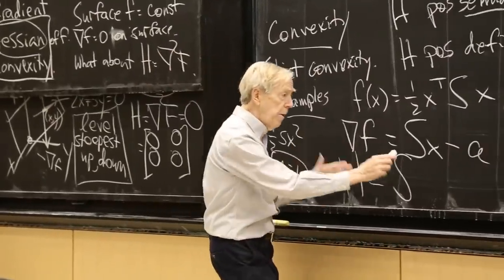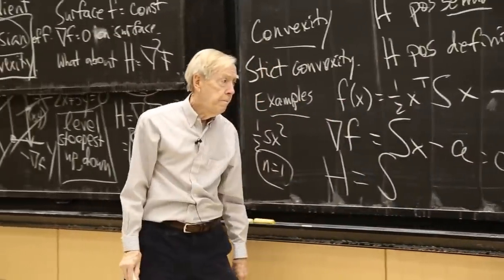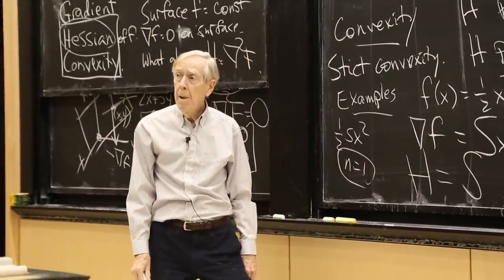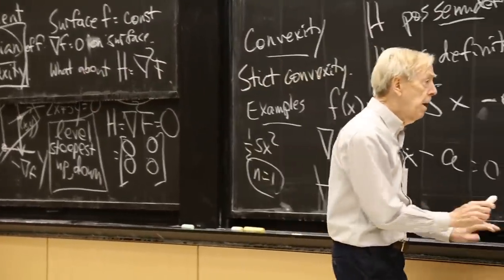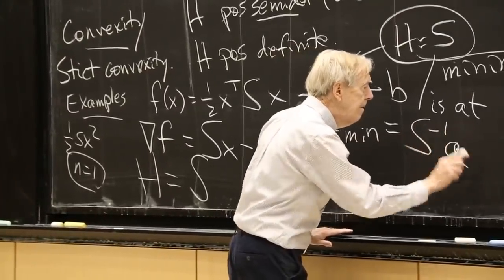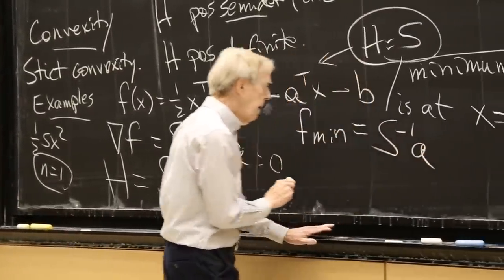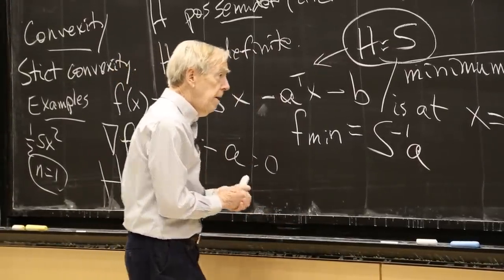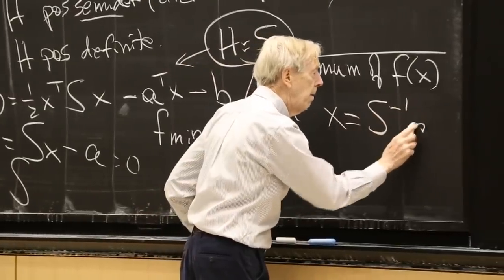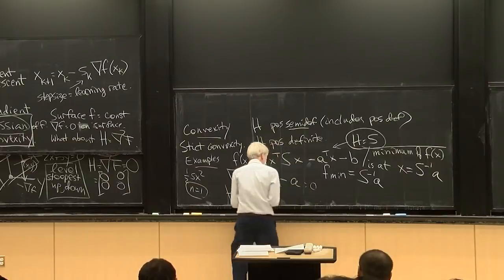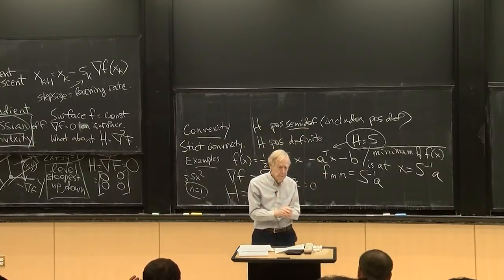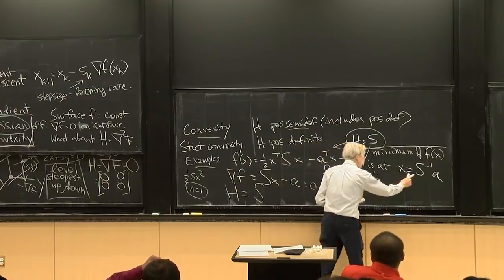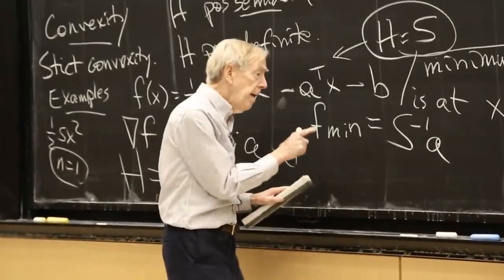Well, the minimum is where the gradient is 0. So what's the minimizing x? S inverse A. Really my whole point for this little moment is to be sure that we keep straight what I mean by the place where the minimum is reached and the minimum value.